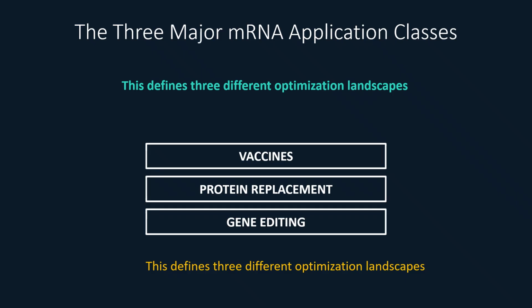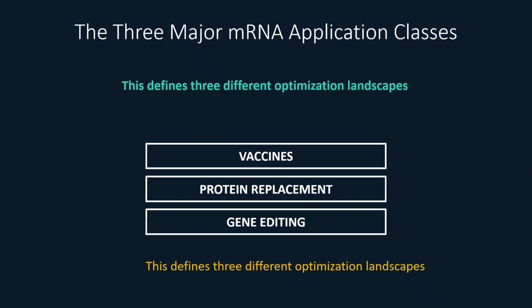Now let's talk a little bit more on those applications. Most therapeutic mRNA programs fall into three buckets: vaccines, protein replacement, and gene editing. And each one wants something different.